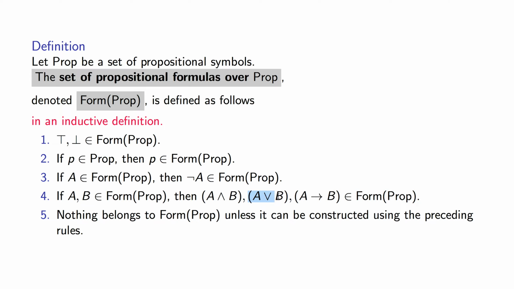The same holds for this string, which involves the disjunction symbol, and this one, which involves the implication symbol. And finally, we say that nothing belongs to formulas over prop unless it can be constructed using the preceding rules.